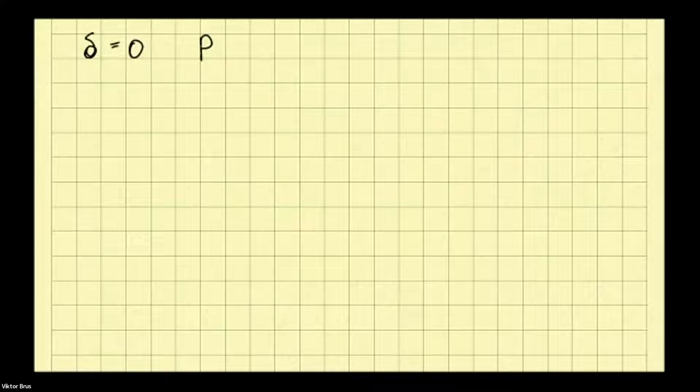So this condition we can write as follows. It will be d times sine theta, which stands for this delta, should be equal to m times lambda.